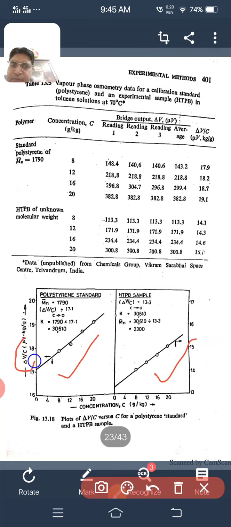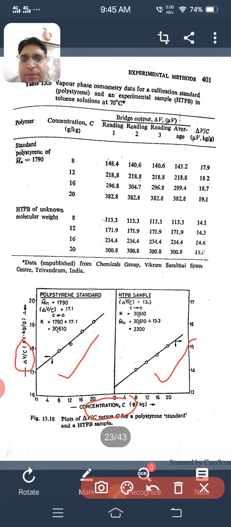Here is delta V upon C and here is C. So the plot is delta V upon C versus C. C is the concentration, gram per kilogram. For the polystyrene standard, M bar n equals 1790 and delta V upon C at C equals 0 is 17.1, and K equals 30,610.